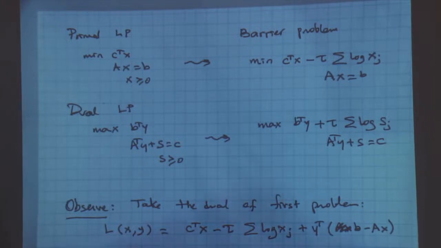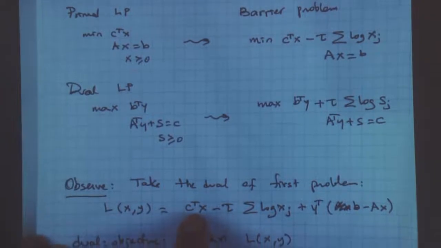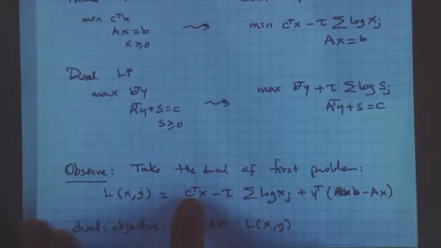And then the dual objective would be to take the min over x of the Lagrangian, right? Now, if you think about what this Lagrangian is, L(x, y), let me group the terms that have x.